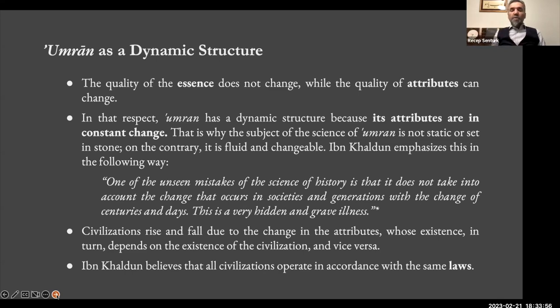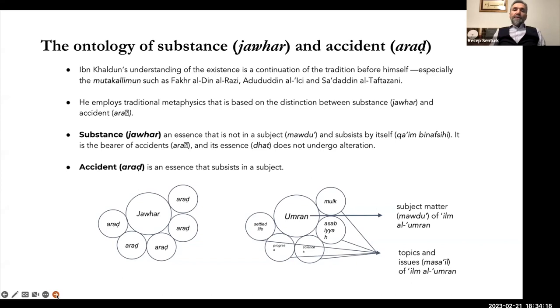Ibn Khaldun believes that all civilizations operate in accordance with the same laws. They all have the same essential attributes, and the essential attributes follow the same rules of change in all civilizations. So this ontology of substance and accident, Jawhar and Araz. Araz sometimes is translated as accident, sometimes as attribute, sometimes as quality.